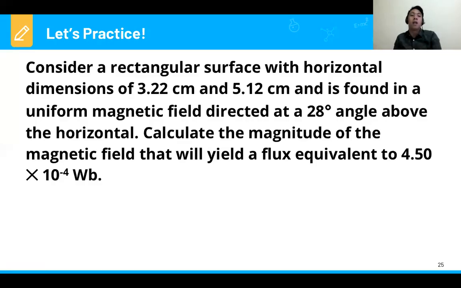Consider a rectangular surface with horizontal dimensions of 3.22 centimeters and 5.12 centimeters, and is found in a uniform magnetic field directed at a 28-degree angle above the horizontal, and then calculate the magnitude of the magnetic field that will yield a flux equivalent to 4.5 by 10 raised to negative 4 Weber.